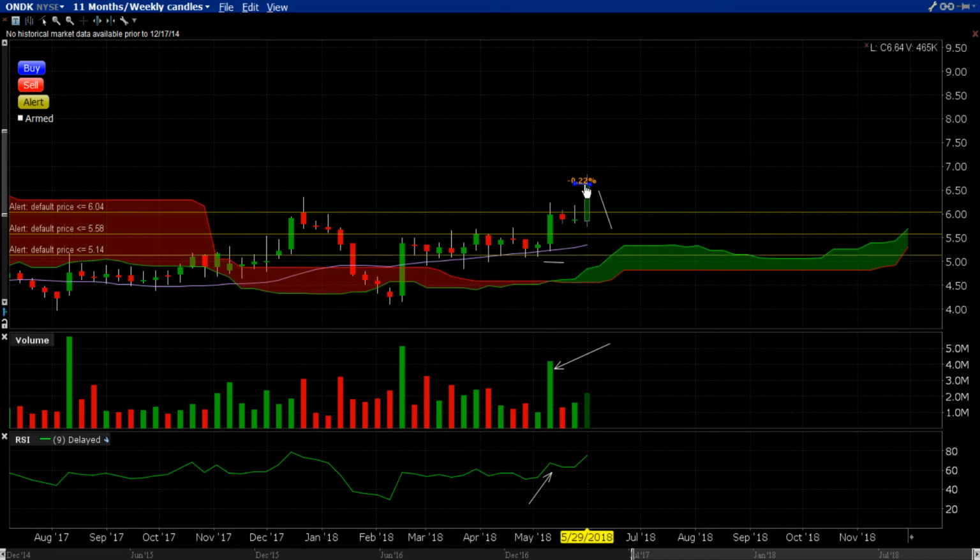You could put half a position here. And after that, if there's a pullback on contracting volume again, then you could take another position here with your sell stop down here, and then you're in stage 2.